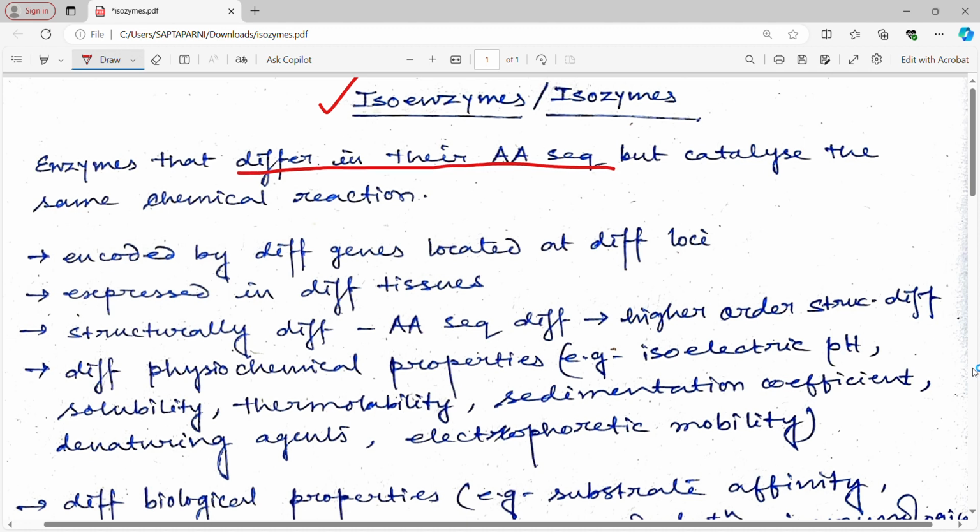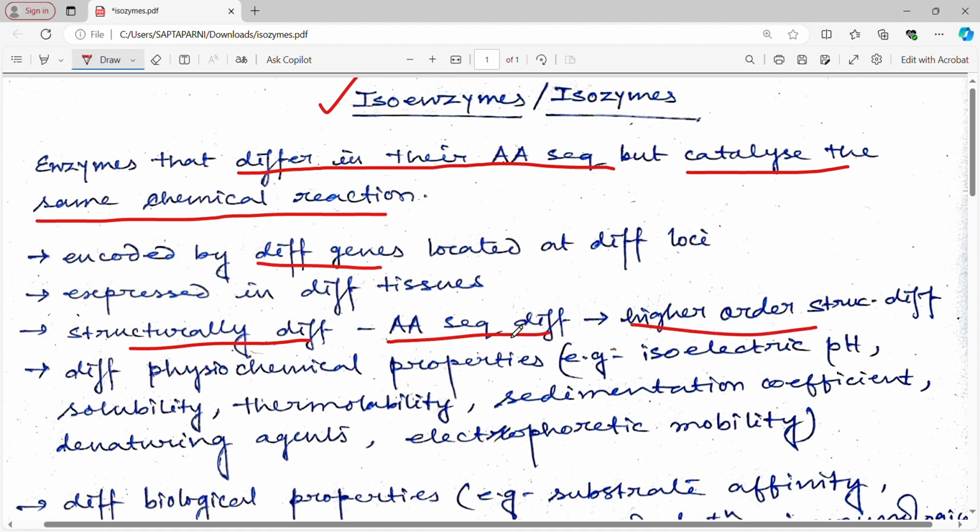That means they differ in their structure, but they catalyze identical chemical reactions. That means they are encoded from different genes. That is why they are different structurally. They have different amino acid sequence and higher order structures, but they are identical or similar in their chemical reaction.